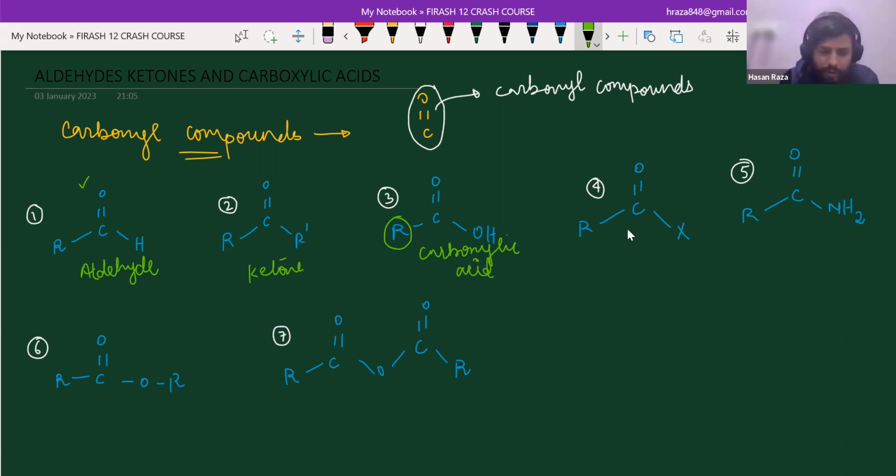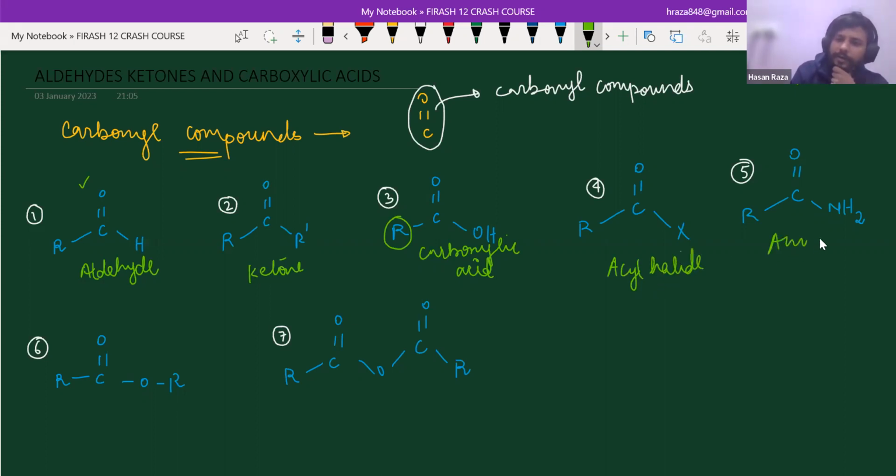Now, can you tell me about this? The fourth one. Do you know, yes or no? Halide. Halide is for X minus. Halogen X, if you put a negative charge there, it becomes halide. So basically it is acyl halide, not halide only.